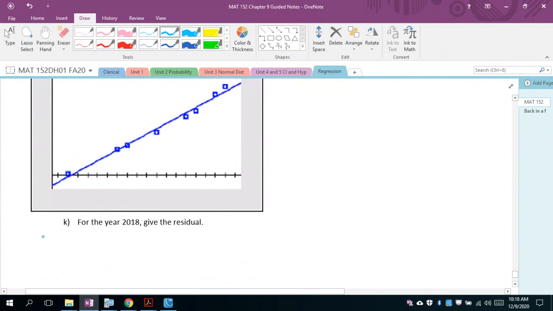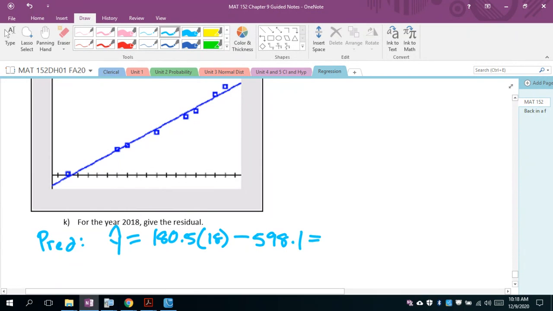All right, last one here, for the year 2018, we need to give the residual. So, for the predicted model, y would be 180.5 times 18 minus 598.1, and we get, let's just round this to the nearest whole number, 2651.